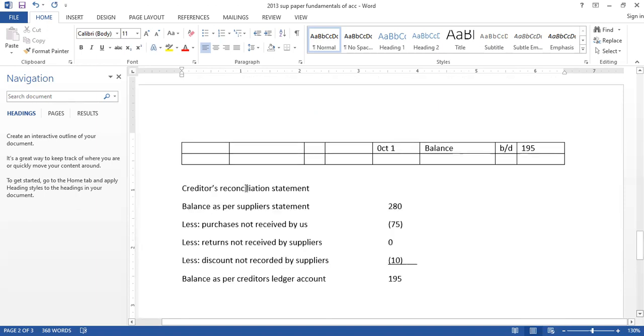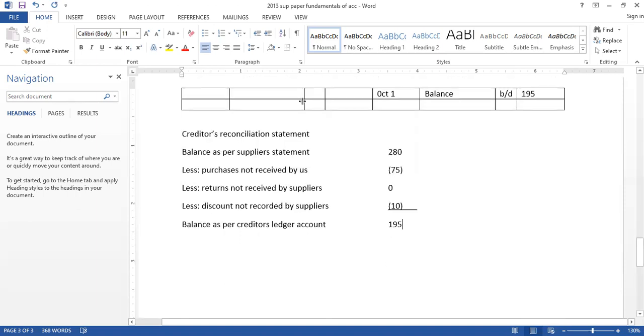No, this is the format. This is the way you do it, just like the way you do your bank reconciliation statement. It's the same way. You do it exactly like this.